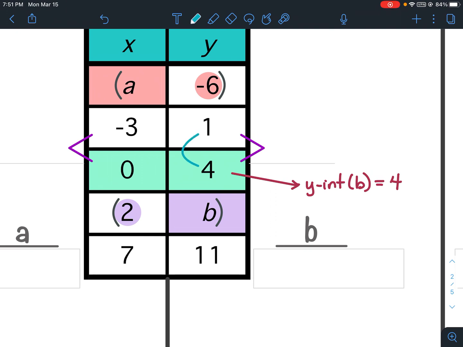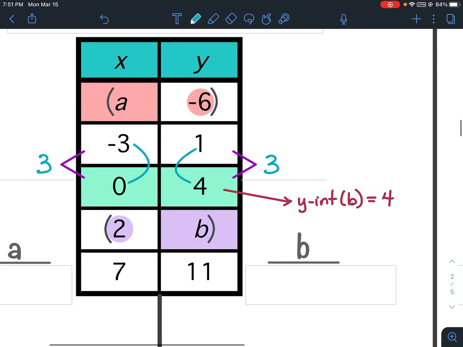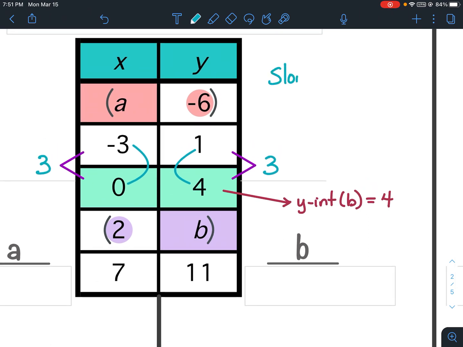We take 4 minus 1, which is 3. 0 minus negative 3, which is 3. So my slope, or in other words, m, is 3 divided by 3, which equals 1.